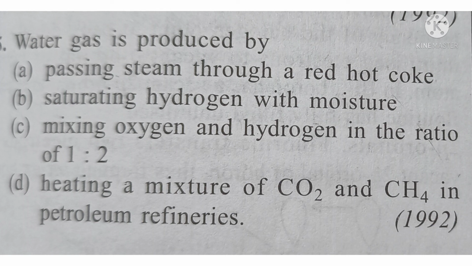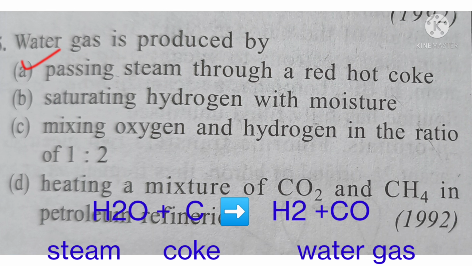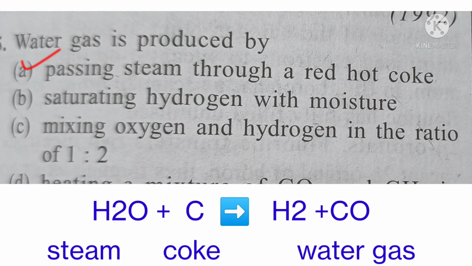Water gas is produced by passing steam through red hot coke. The reaction involved is red hot coke plus steam will form a mixture of gases, hydrogen and carbon monoxide. This mixture is called water gas.